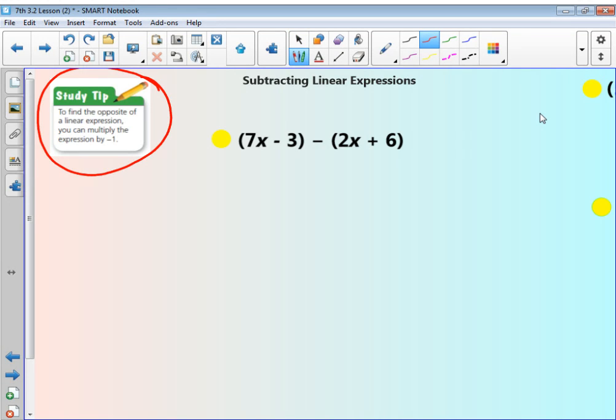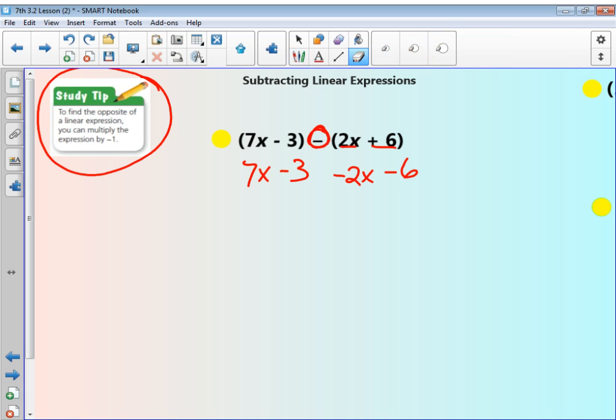So this time I'll go ahead and discuss on this one that opposite, what I was trying to talk about at the very beginning. If I were to do the opposite of positive 2x, well, that would be a negative 2x. The opposite, because negative means opposite, of positive 6 would be a -6. Okay, so now I'm going to go ahead and bring down the rest, 7x minus 3.